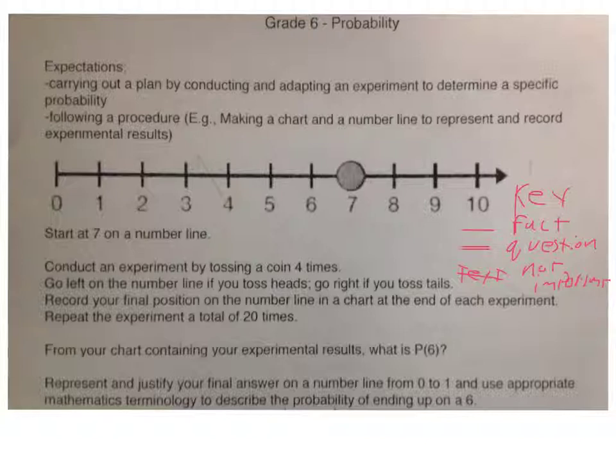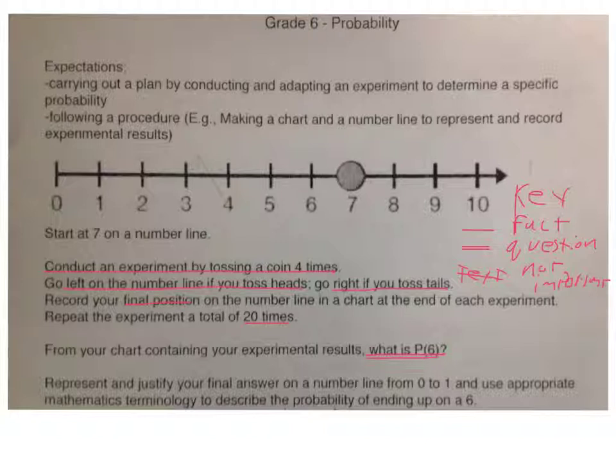So as I go through the question, I'm going to say, okay, I need to conduct an experiment by tossing a coin 4 times. Go left on the number line if I toss heads, right if I toss tails, and I'm interested in the final position. I have to do it 20 times. What is P6?